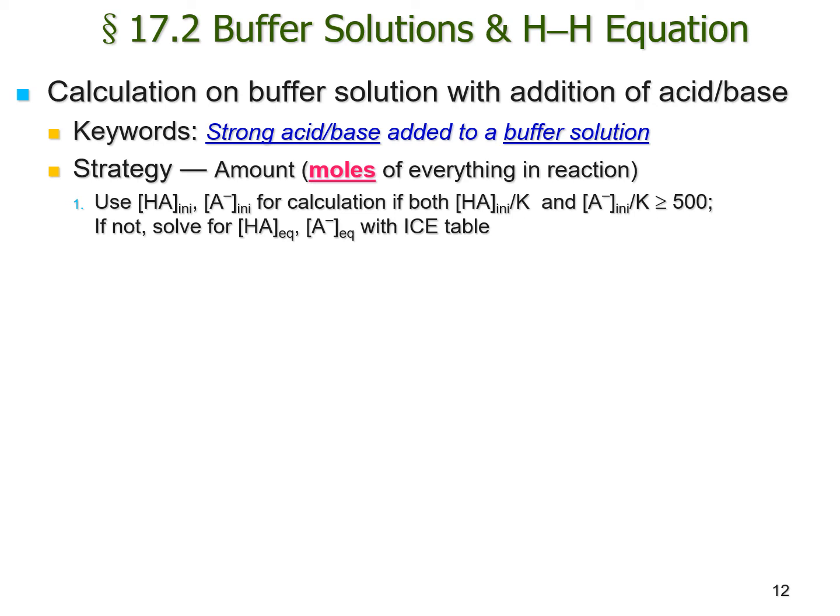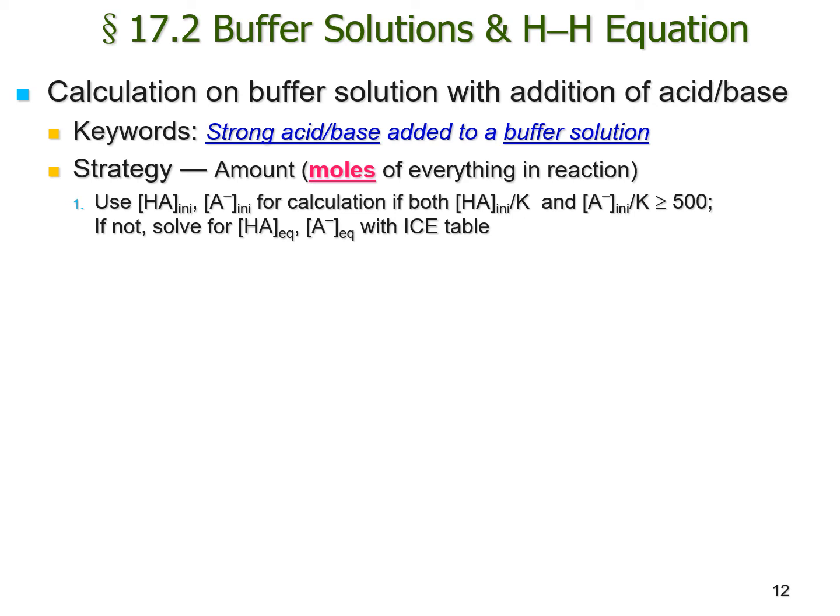Since this calculation talks about reactions, and reactions are in stoichiometry, we need moles of everything in this reaction. At the very beginning, if we do not know the pH of this buffer solution, we need to calculate it.